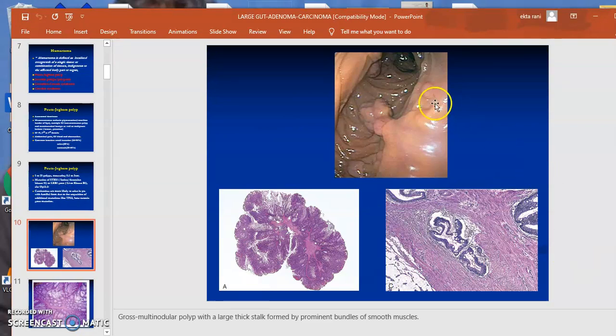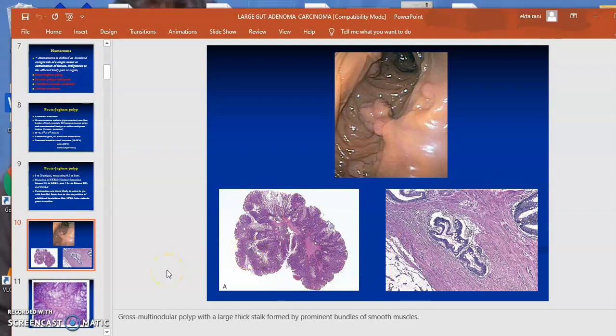So, this is a gross picture of a polyp showing multinodularity on the external surface and a peduncle. Now the microscopy of the same polyp showing bundles of smooth muscles that form the thick stalk and the mucosal glands.